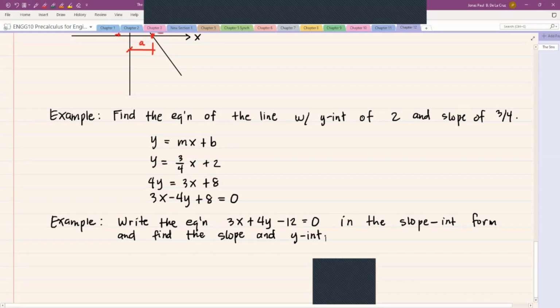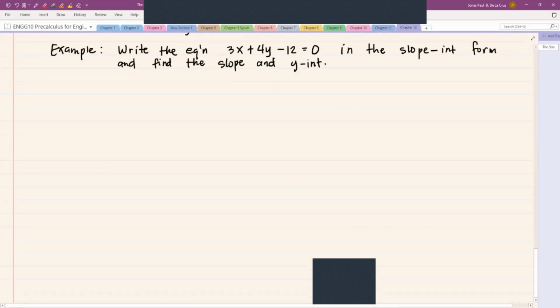Diba? So 3x plus 4y minus 12 is equal to 0. So let's start from there. So ang goal natin is y is equal to mx plus b. So dapat matira dito sa left side yung y. Okay, so matitira si 4y dito is equal to, punta sa kabila yung 3x, so negative 3x plus 12.